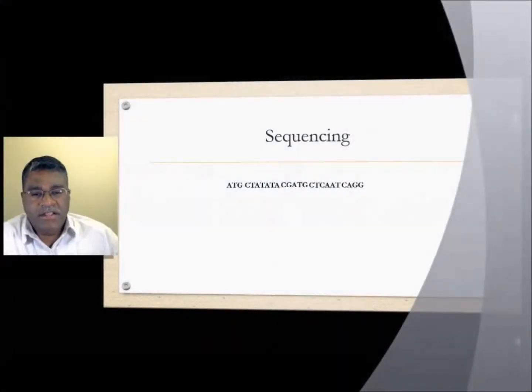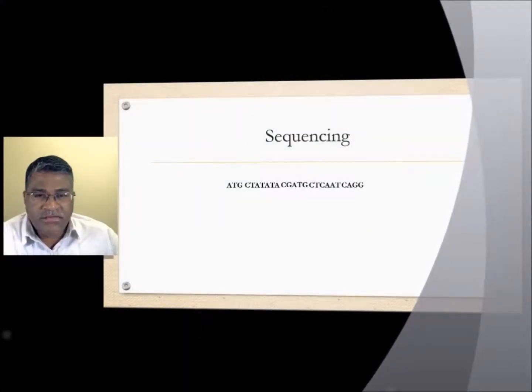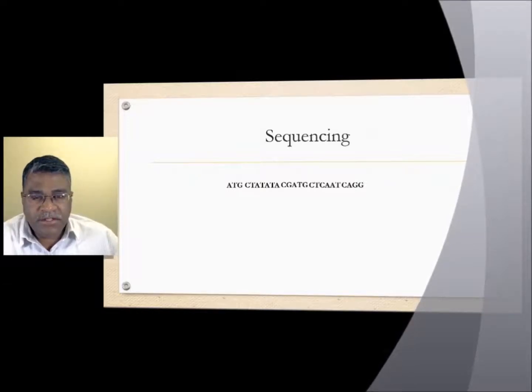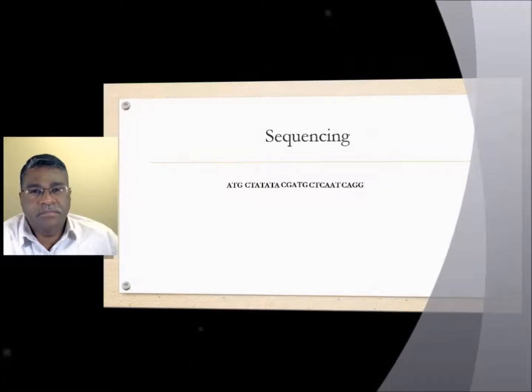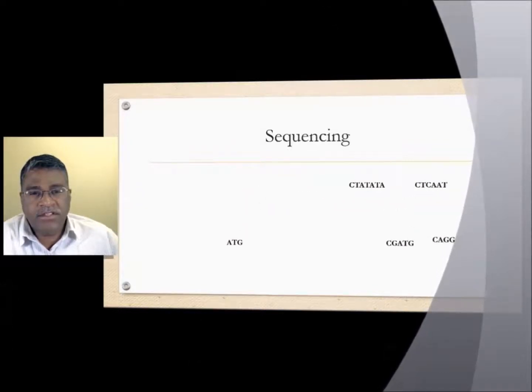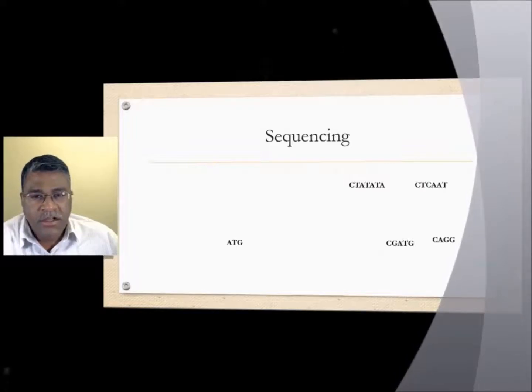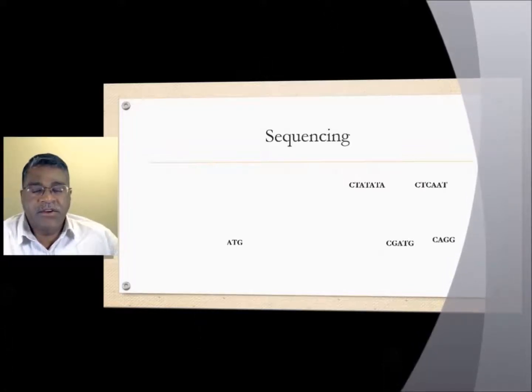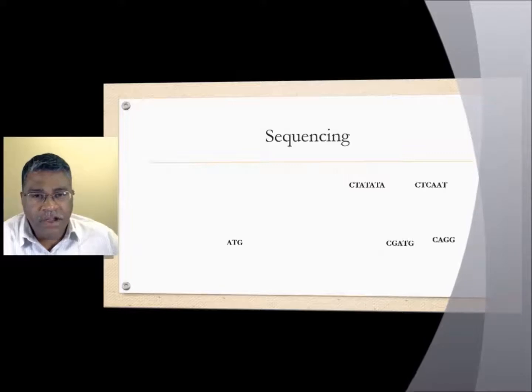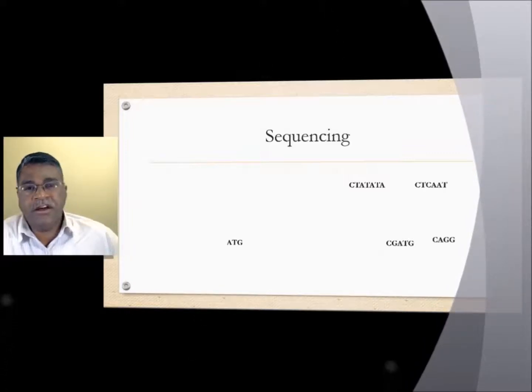So let's look at the sequence. The process of sequencing is to take a sample sequence that is unknown and break it down into its constituent, potentially random fragments, and then find the sequence of each of these fragments, and then reconstitute them.